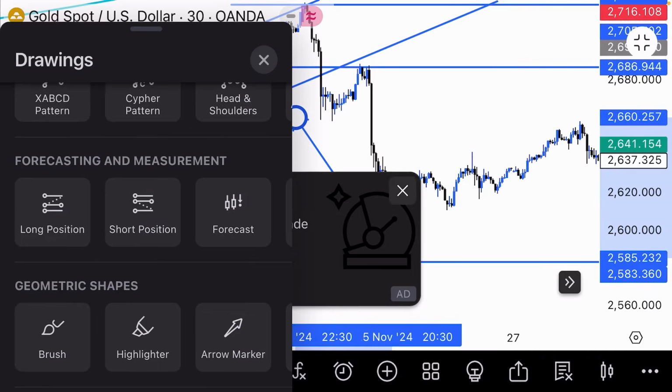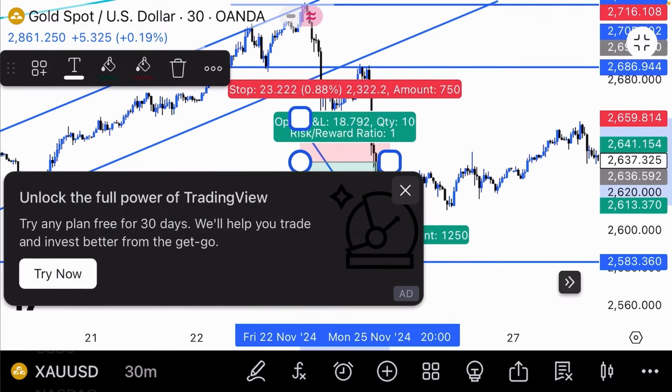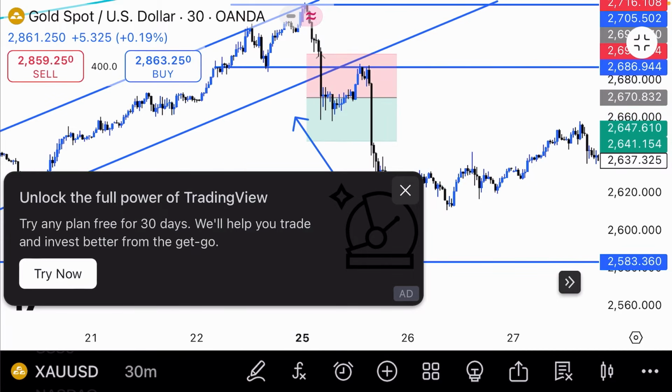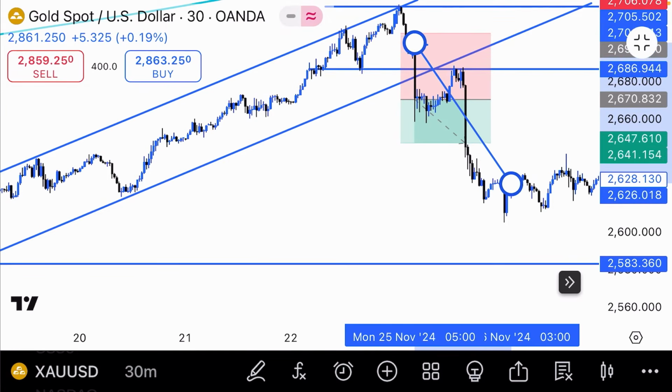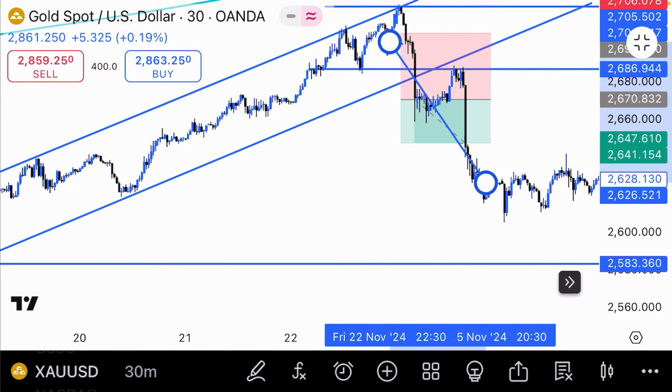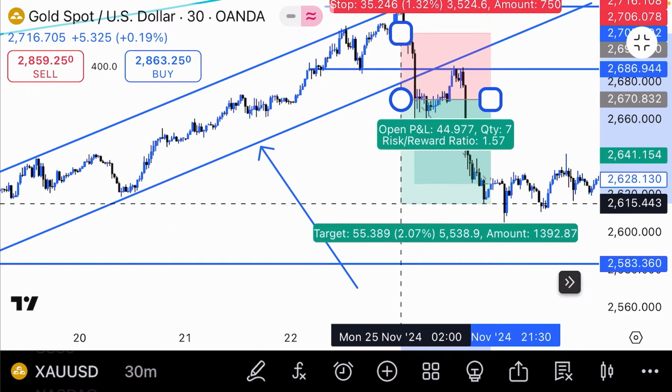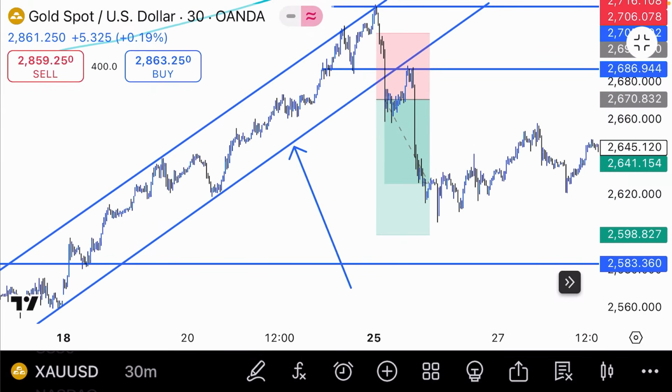Let me show you. I put my entries here. Stop loss, 1, 2, 3 candles here. That's where my stop loss is. TP, like I said, target 1:3 mostly.